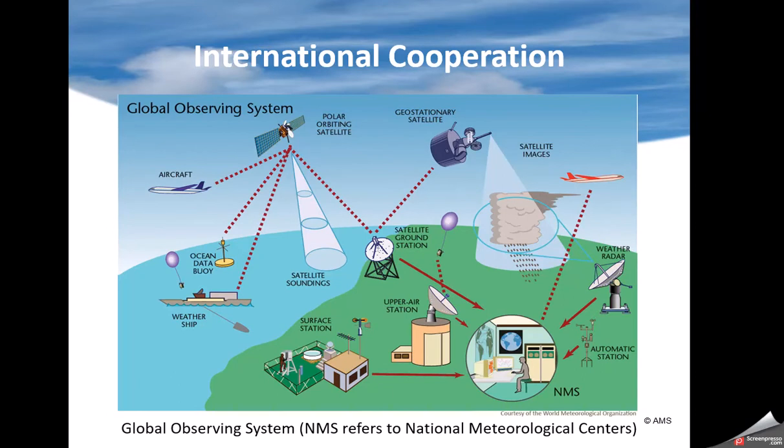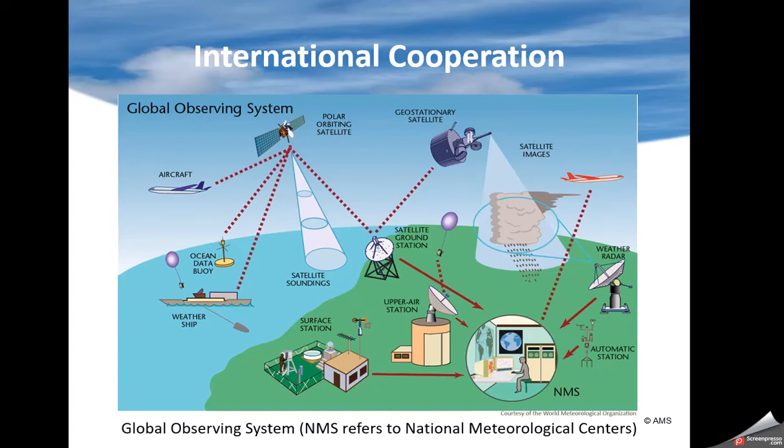Well, if I'm looking at a forecast, let's face it, the weather moves. So I need to know what the weather is here and now over a pretty large area. And this actually does involve international cooperation. We have aircraft that transmit winds, temperature, and moisture from where they are. We have polar orbiting satellites.